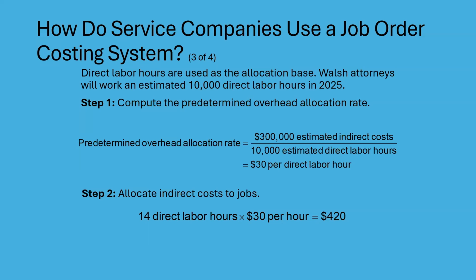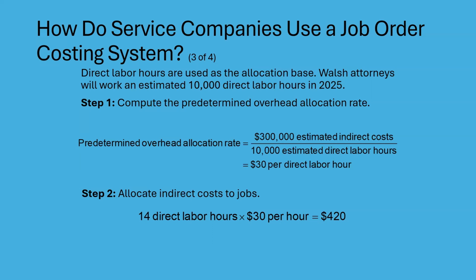So as you see here, the predetermined overhead allocation rate is $30 per direct labor hour. So you have your $300,000 estimated indirect cost divided by 10,000 estimated direct labor hours, which is equivalent to $30 per direct labor hour.